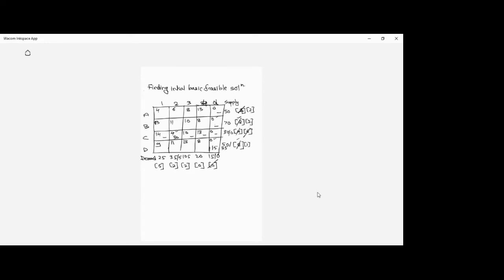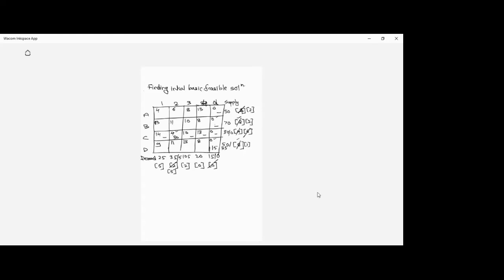So let's recalculate the penalties again. For the column, it is 9 minus 4, that is 5. Nextly, it is now 11 minus 6. So the penalty here comes out to be 5, right? Nextly, we have 10 minus 8, that is 2. For the next column, we have 8 minus 8 as 0, right?